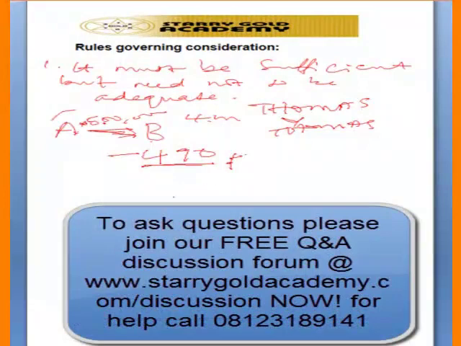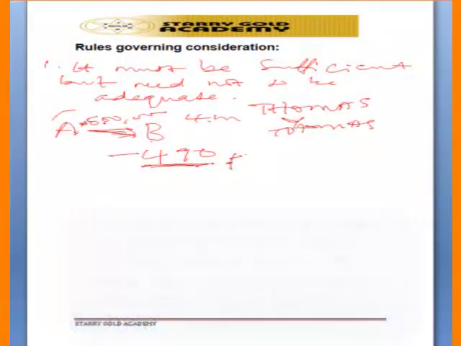And that is what we call payment of a lesser sum. This one is lesser than 500,000. Payment of a lesser sum is not a sufficient consideration, but may at the same time become sufficient consideration where the parties agree.